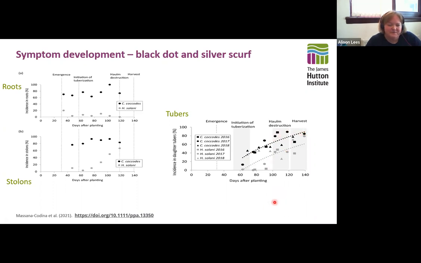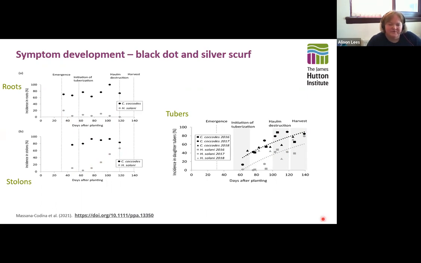DNA of Helminthosporium solani was found in fewer than 20% of root samples throughout the season, and fewer than 10% of stolons showed infection until 76 days after planting, after which a linear increase of Helminthosporium solani infected stolons was observed.